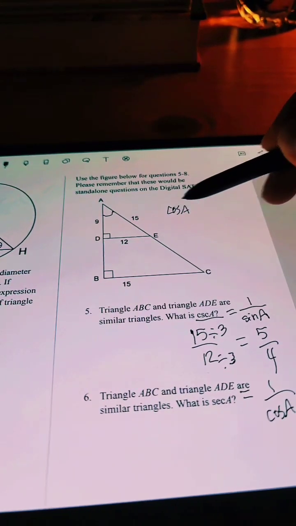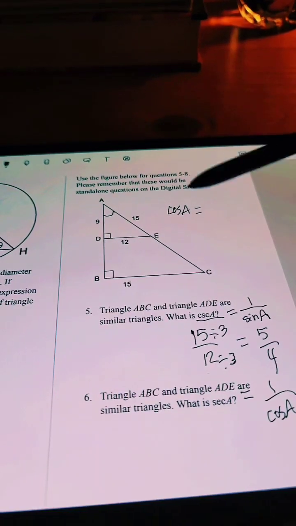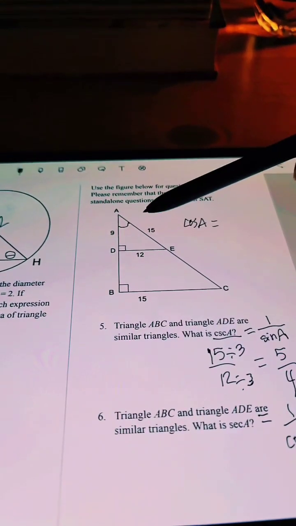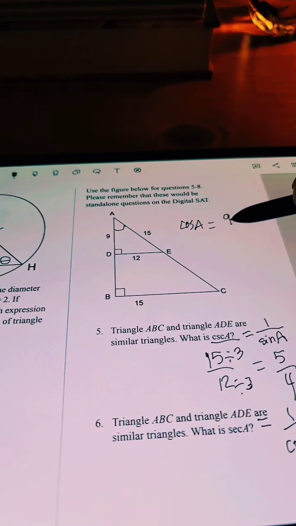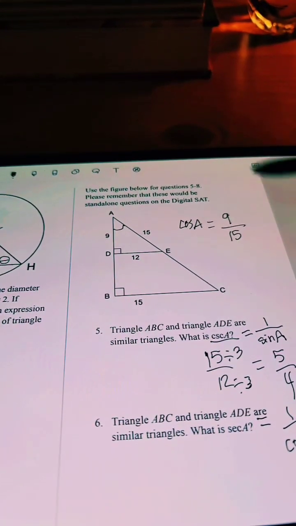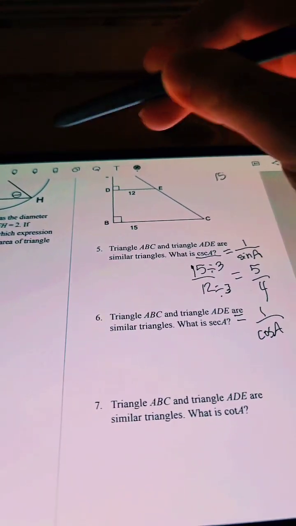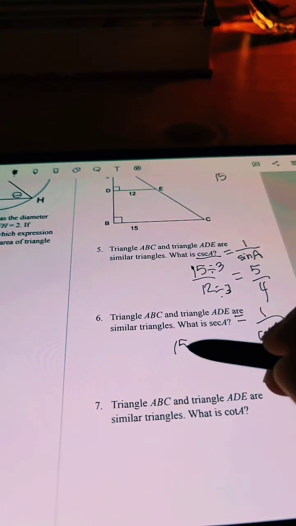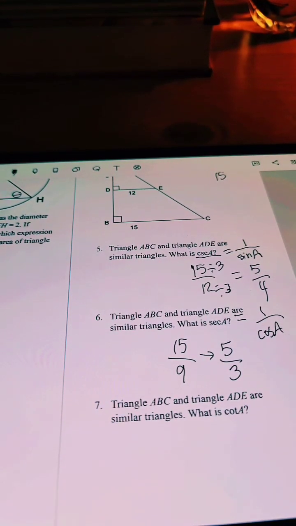Remember, cosine is the CA in SOHCAHTOA, so adjacent over the hypotenuse. So it's going to be 9 as the adjacent over 15. I just have to flip that to be 15 over 9, and then simplify by dividing by 3 on top and bottom. And that's going to give me 5/3 as my answer.